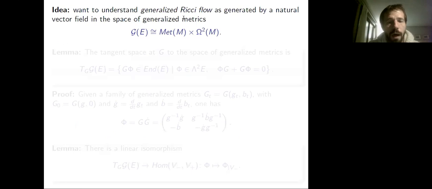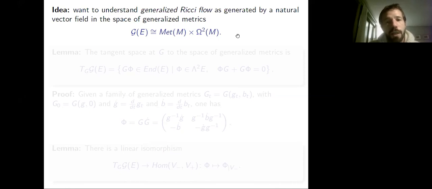Okay, so I'm going to give you the idea, and then I think I'm going to stop because I'm kind of out of time. The idea is that I want to understand generalized Ricci flow as generated by a natural vector field in the space of generalized metrics. From what I told you before, if I fix an isotropic splitting, a generalized metric is given just by a pair (g, b), where g is a metric on the manifold and b is a two-form on the manifold.